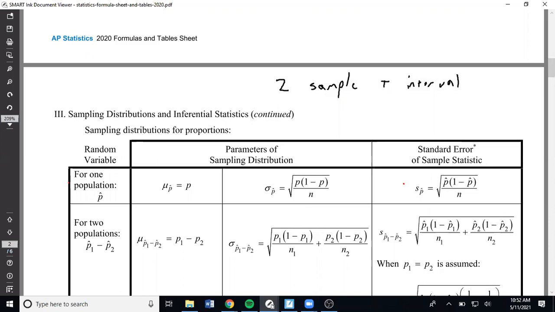Two sample t interval. Since we're using two samples, the thing that we're estimating that goes before my plus or minus should be the difference between the means. That's what we're estimating. Plus or minus, since it's a t interval, we're using a t-score.